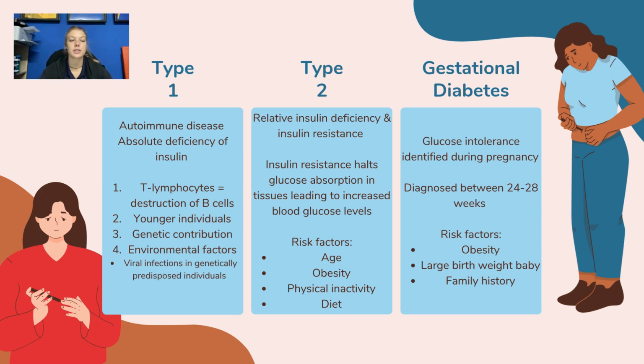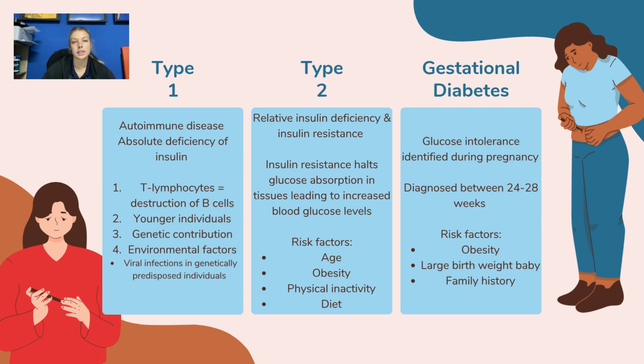The main risk factors for type 2 diabetes are age, obesity, family history, ethnicity, physical inactivity, and diet. The age of onset is generally after 40. However, with the increasing prevalence of obesity, the number of younger individuals that are diagnosed is growing.